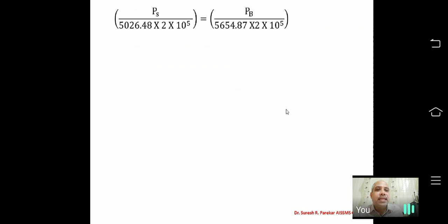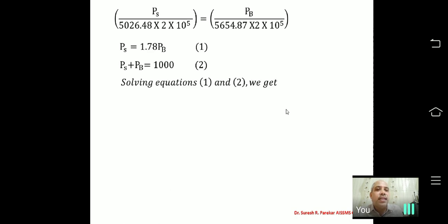The relation between their forces we got from here, that is PS equal to 1.78 PB. This was asked in IES 2019, recent, 1.78 PB. And the second equation we know, PS plus PB is 1000, that is given.